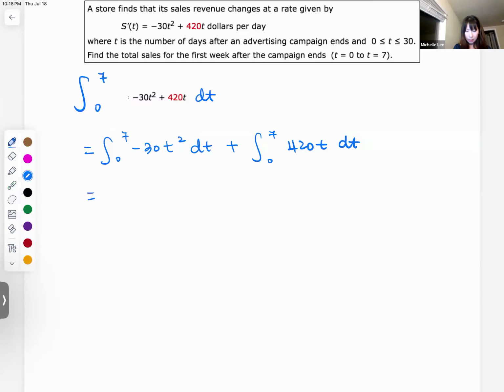When you have a coefficient, we can write it down this way too. It's the same. Maybe in that case, you can see it more easily when you use the power rule for the antiderivative. Either way, it's okay. So 420 times the integral from 0 to 7 of t dt.